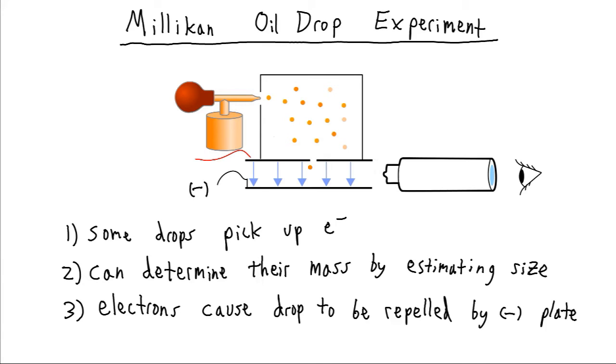And the strength of that force is going to depend on the mass of the droplet. Well, that's easy enough to determine. He just looks at it through a microscope and he knows the density of the oil. So after he figures out the radius of the droplet, then he can calculate its mass, and then he knows the force of gravity, which means he also knows the amount of force that he is using to suspend it in air and cancel out that gravity.